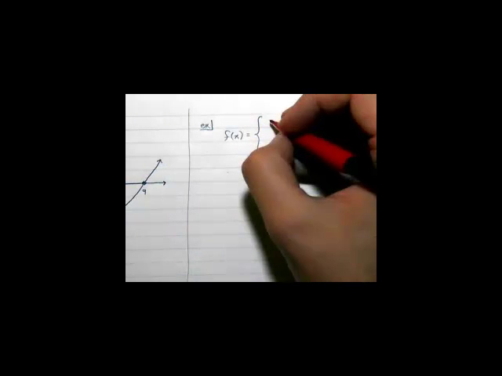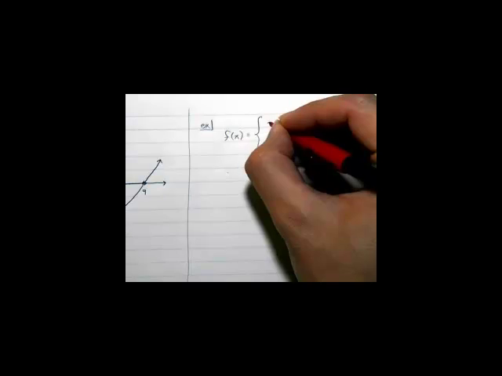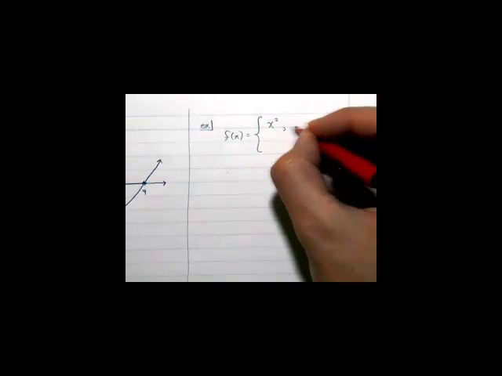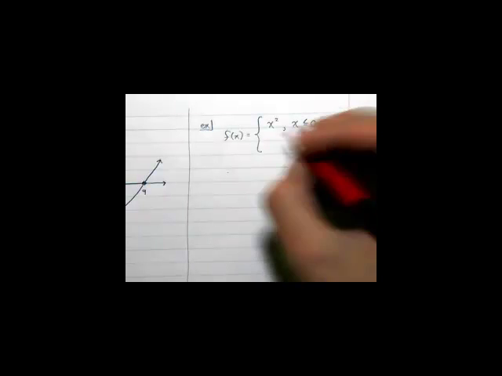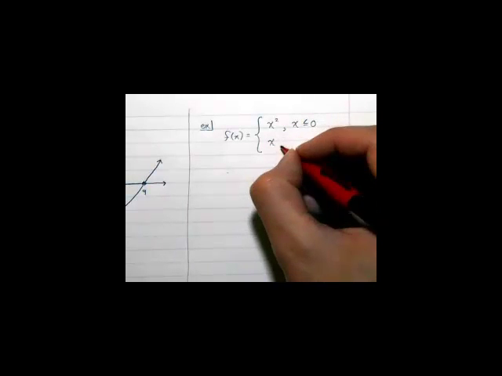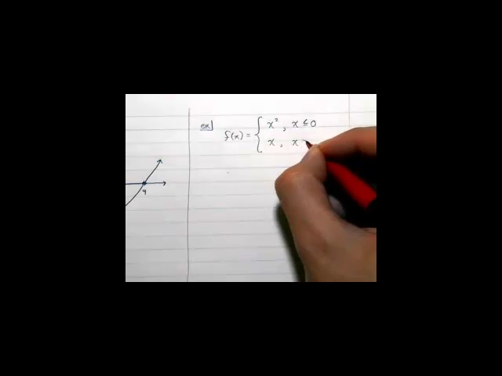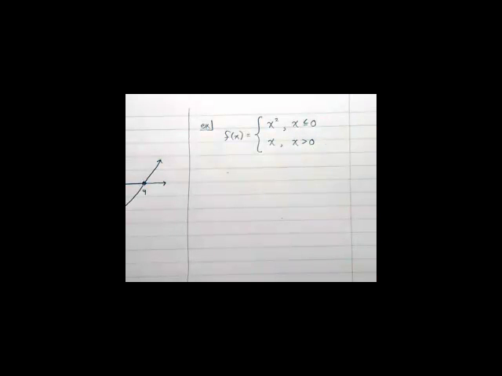Go with the same thing that we had here. So let's say it's x squared when x is less than or equal to 0, and it is x when x is greater than 0. So what we're going to do is, and we already said we kind of know what the answer is, right? The left-handed derivative is 0, the right-handed derivative is 1. Well, let's go prove it. We're going to do this whole limit as h goes to 0. We're going to actually calculate it and show that they come out different.